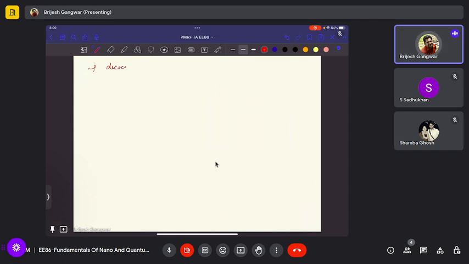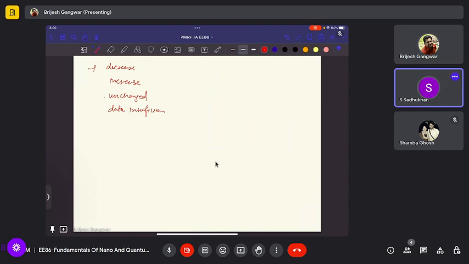It will decrease, increase, unchanged, or data insufficient. So what will be the answer? It will decrease.